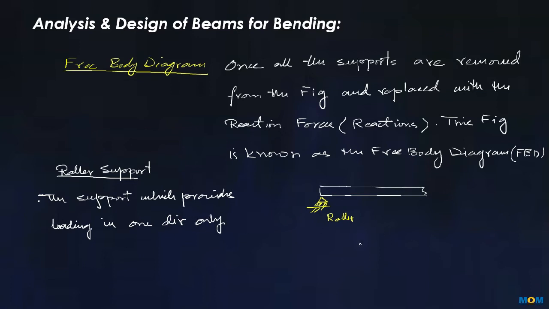So here we see, again considering the x, y and z directions, there is a possibility of motion or movement along the x-axis, meaning no restrictions. However, there is no possibility of movement along the y-axis, so there is a restriction.